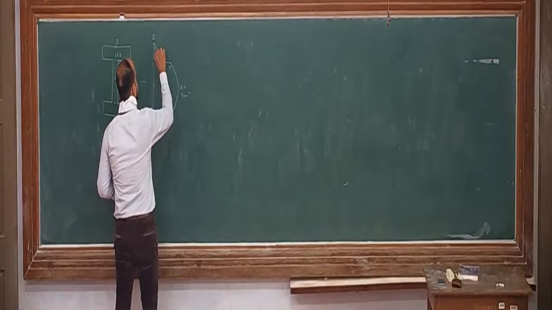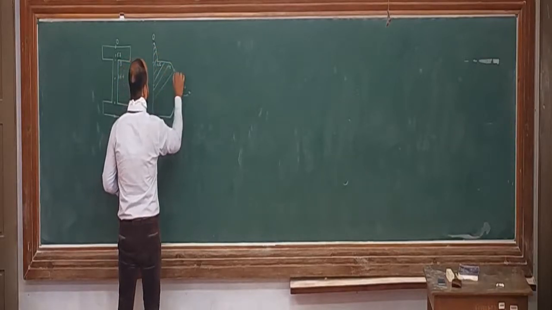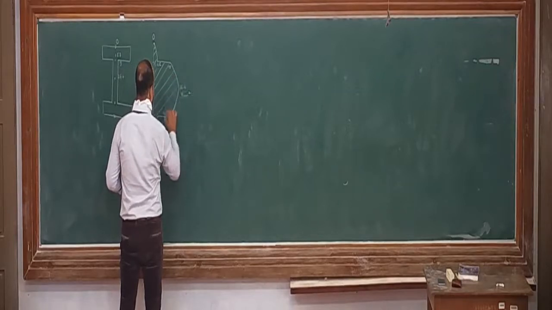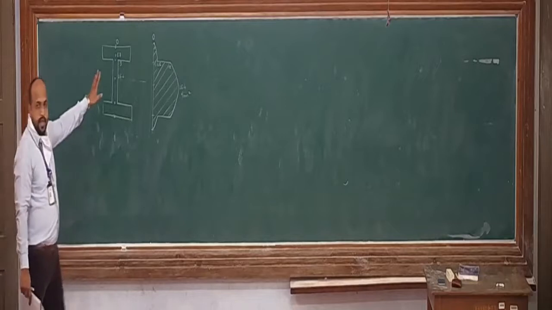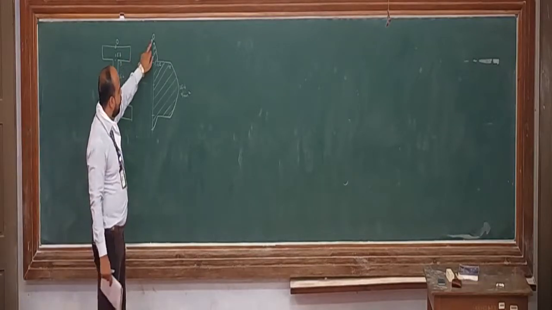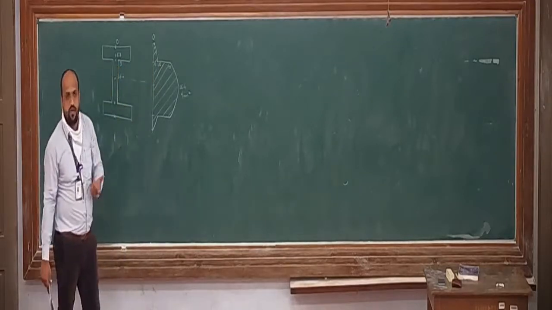This is the shear stress distribution across the depth of the I section. You can clearly see here: initially at the top fiber it is 0, then it is 1.57, that is the bottom of the flange, which we saw yesterday.